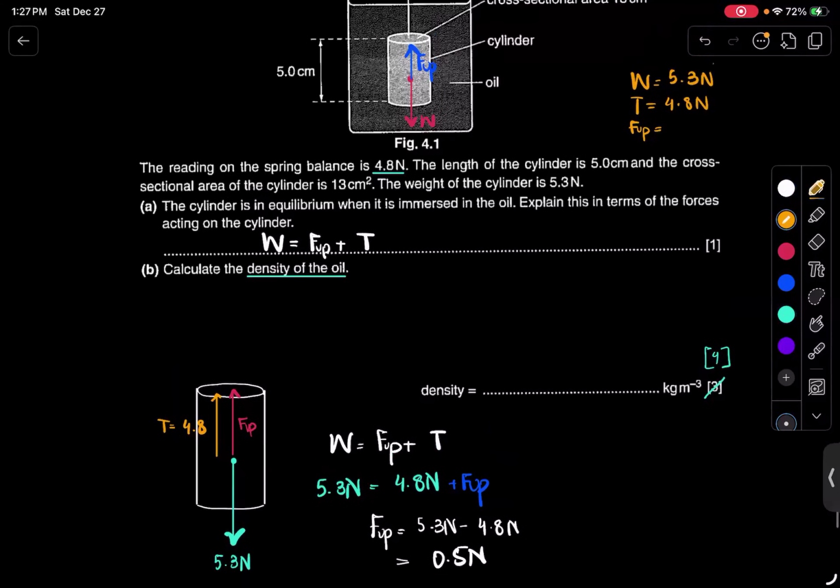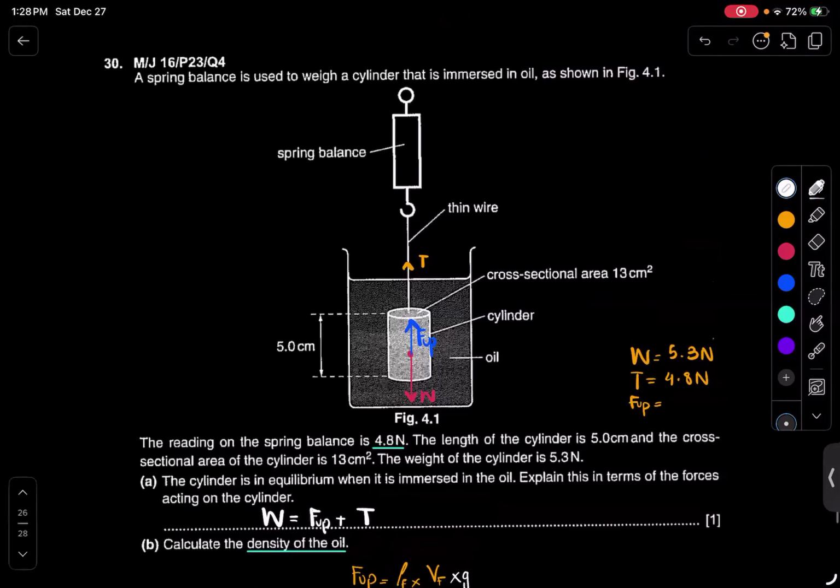Now, we know that the upthrust is equal to the density of the fluid multiplied by the volume of the fluid displaced, or of the object submerged, into g, right? Now, do we have the density of the oil?